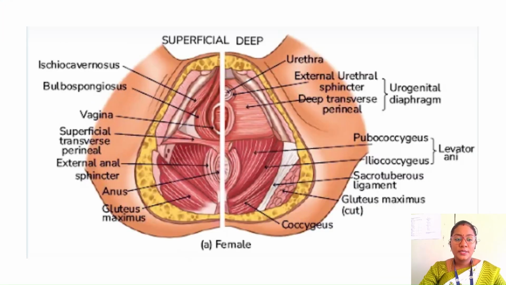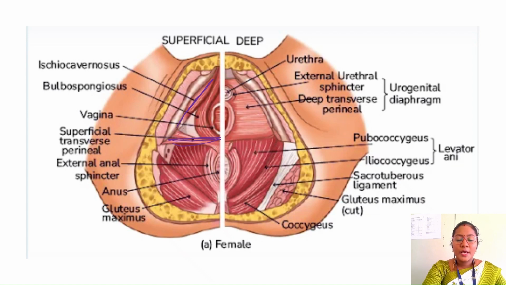See the superficial and deep structures. This is the superficial structure actually. See the superficial structure: this is the ischiocavernosus muscle, and this is the superficial transverse perineal muscle.